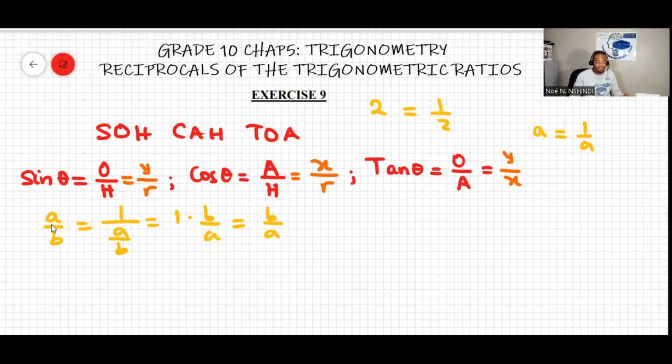The reciprocal of A over B is just B over A. The reciprocal of 2 over 3 is just 3 over 2. The reciprocal of -1/2 would be -2 over 1, which is -2. So this is briefly what the reciprocal is about.